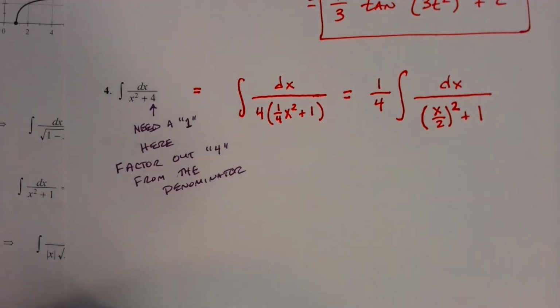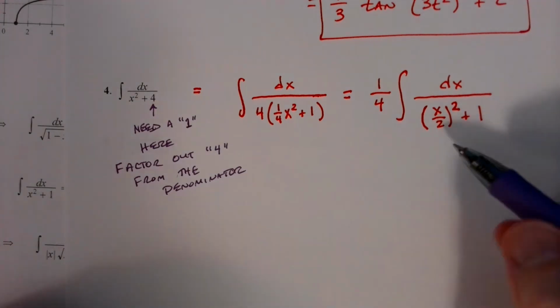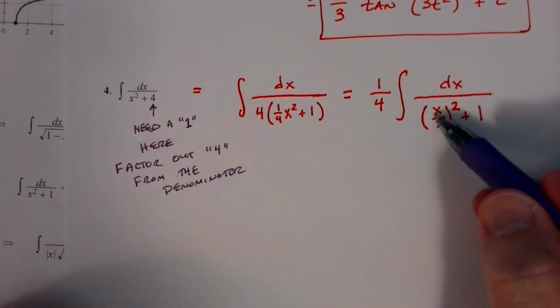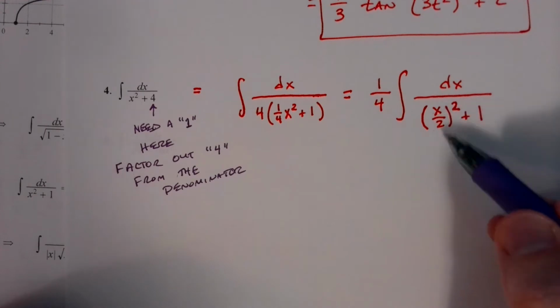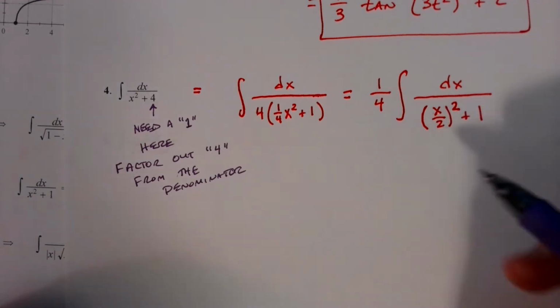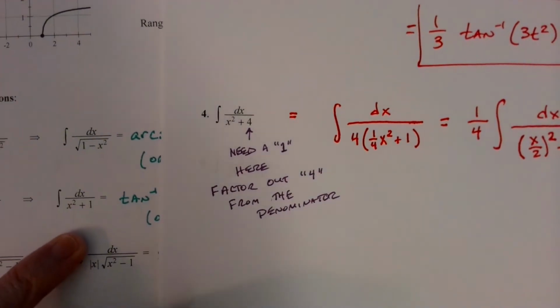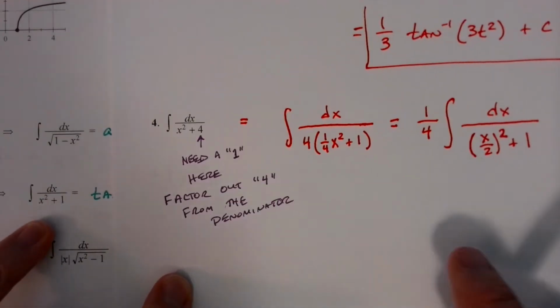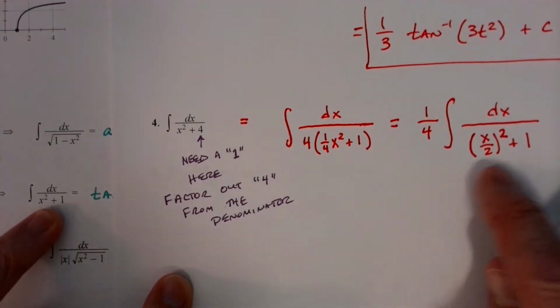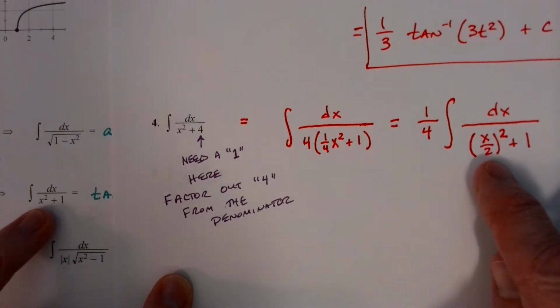Right? It's x squared divided by 2 squared, which is x squared divided by 4. And this now helps me to see that I am almost in this form. Instead of x squared plus 1, I have x over 2 squared plus 1. Well, you say that's close enough. No, it's not. It's got to be exact.